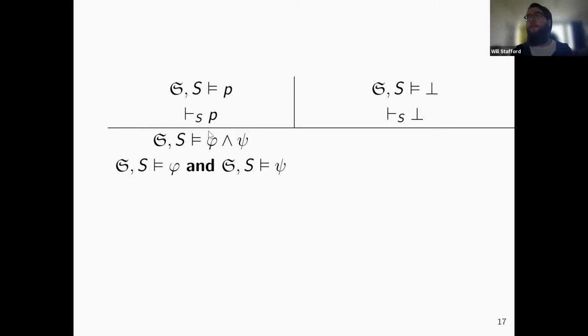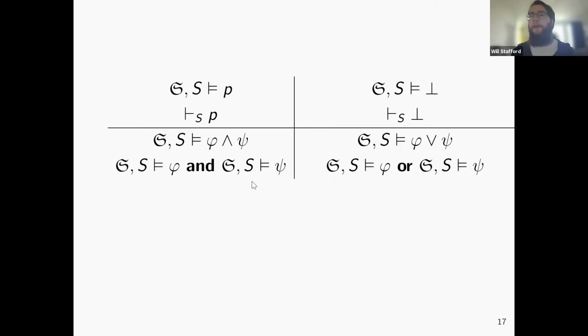Whenever we have a valid proof of phi and psi, it means we have a valid proof of phi and a valid proof of psi, because we know that we have a proof that ends in an introduction rule. Similarly, if we have a closed valid proof of phi or psi, it means we're either going to have a closed valid proof of phi or a closed valid proof of psi, because it's going to have a proof that ends in an introduction rule.